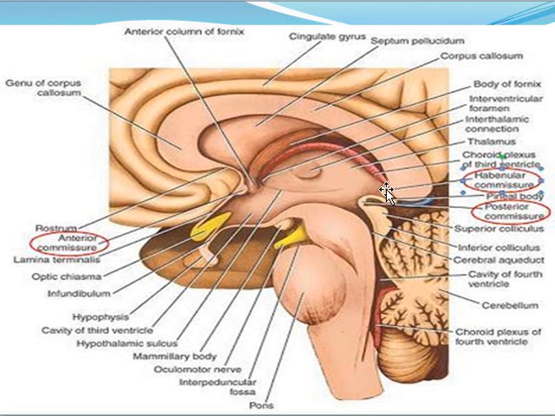In addition, another part of the commissural fibers is the habenular commissure, located at the root of the pineal body. The final part is the fornix. The fornix connects the hippocampus to the mammillary body, composed of myelinated nerve fibers constituting part of the efferent system.